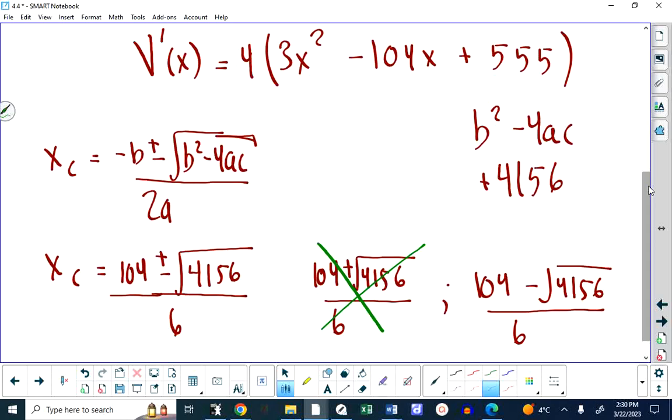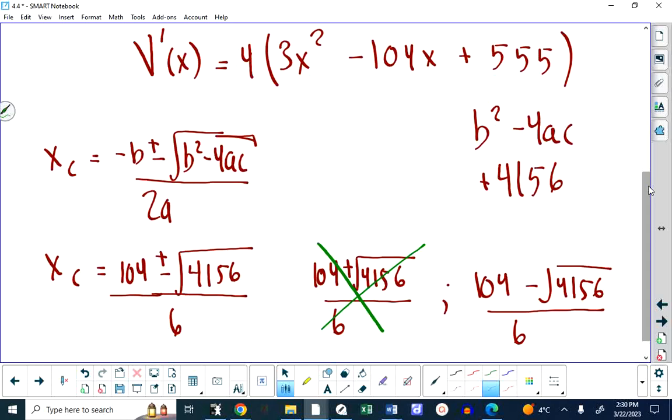Oh, really? Okay. 64. So if I take 104 plus 64, well, that's obviously in the 160s divided by 6. I think that's more than 15. So that's thrown out.